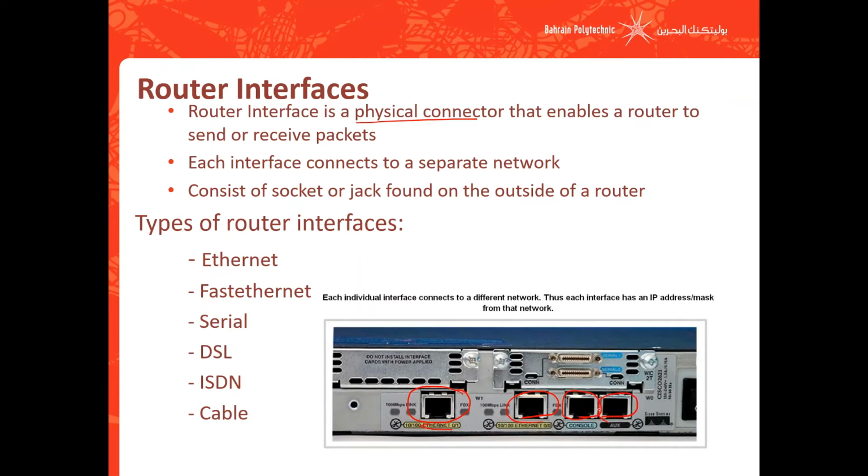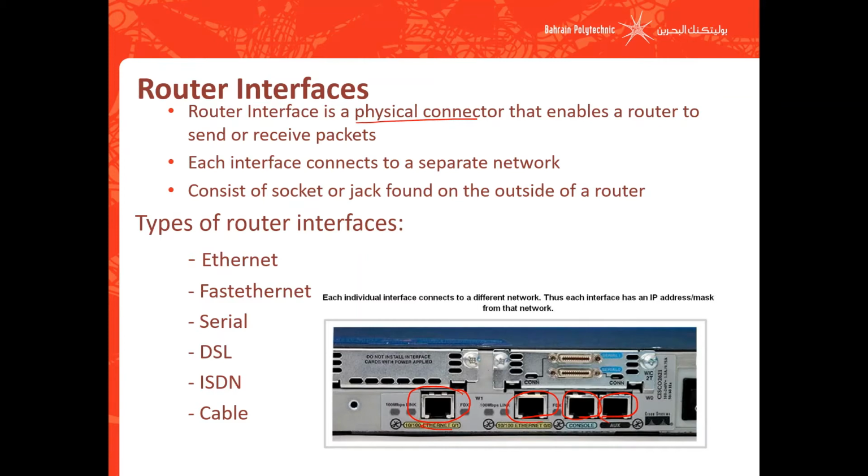When you plug the cable into these interfaces, the router is able to then send and receive packets. If there is no cabling plugged in, that means the router is not connected or it's not on a network. It is just a useless device because you've not connected it. So as soon as you connect these ports through cable, you're able to send and receive packets, okay? That's where the communication happens.